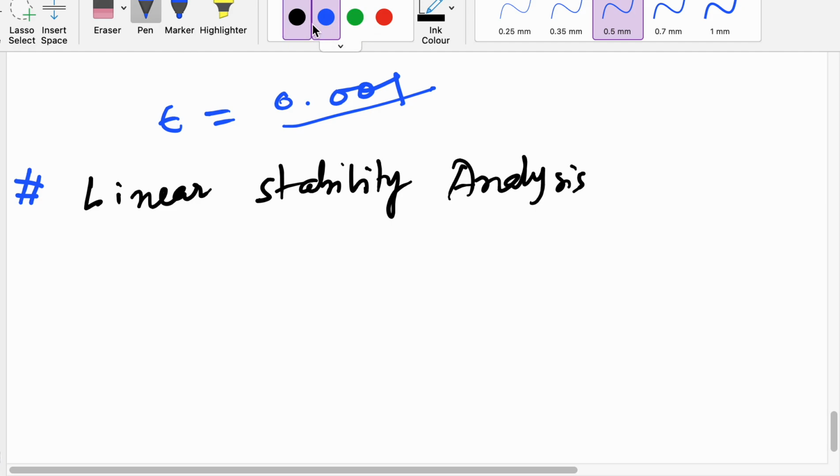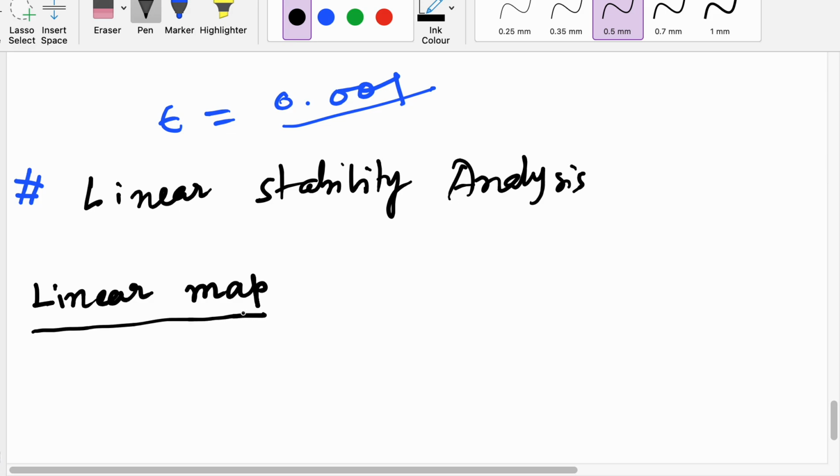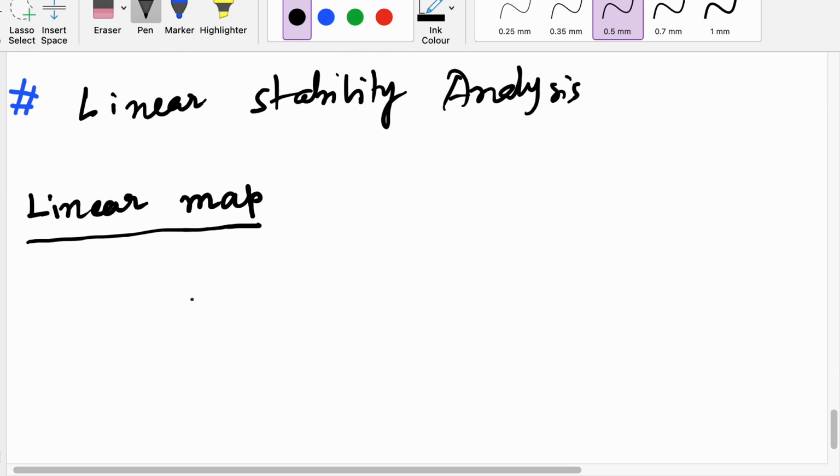Let's see, first of all, the linear map. Linear map means that my map f(x) is basically some a times x.